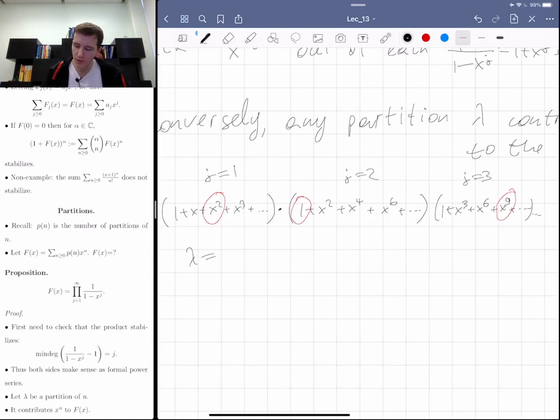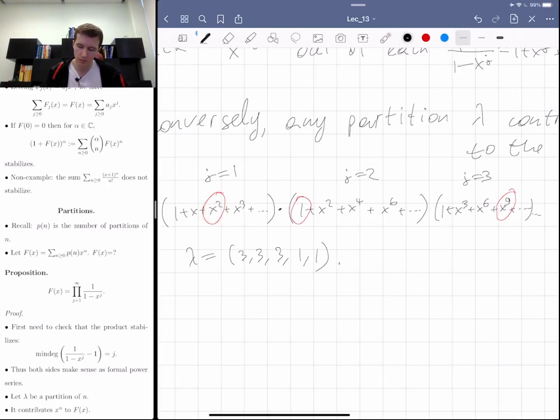So the multiplicity of 3 in my lambda is going to be 3. So lambda is going to start with 3, 3, 3. And there's going to be 0 2's, so there's not going to be any 2's in my lambda. And the multiplicity of 1 is equal to 2. 3, 3, 3, 1, 1.